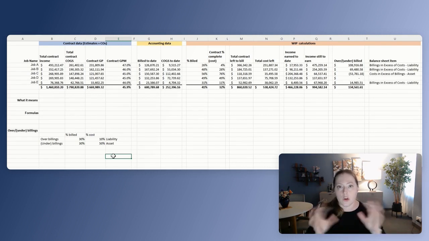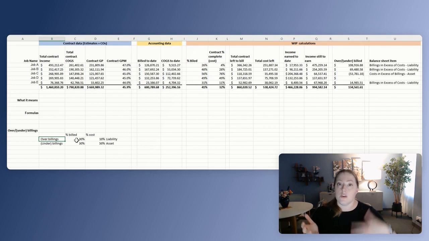So if you're trying to see how much you have overbilled or underbilled, you can take a look at your balance sheet if your accountant is using work in progress to make adjustments on your financial statements. If you're overbilling, it's going to be a liability. If you're underbilling, you will see it in the asset section.